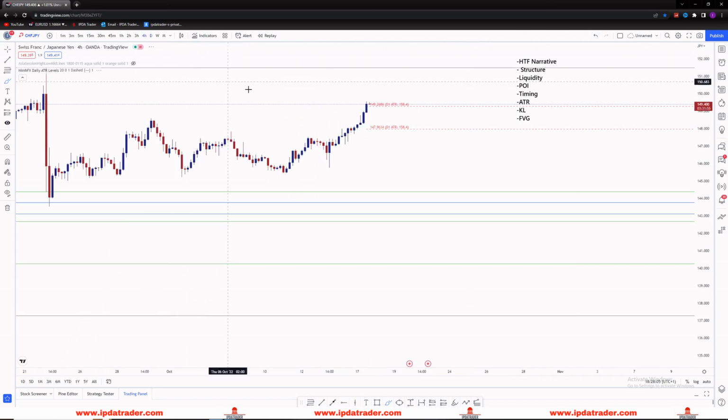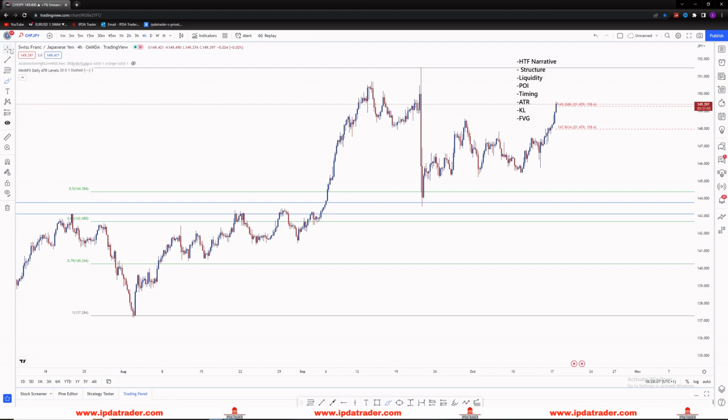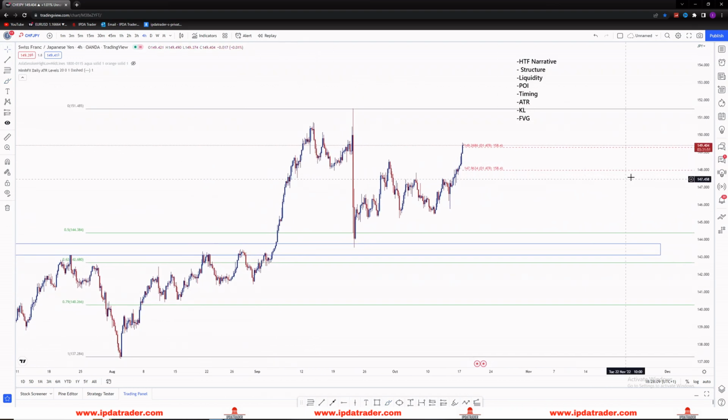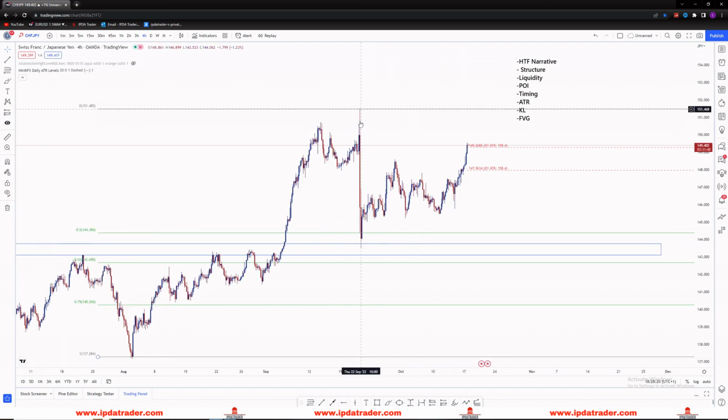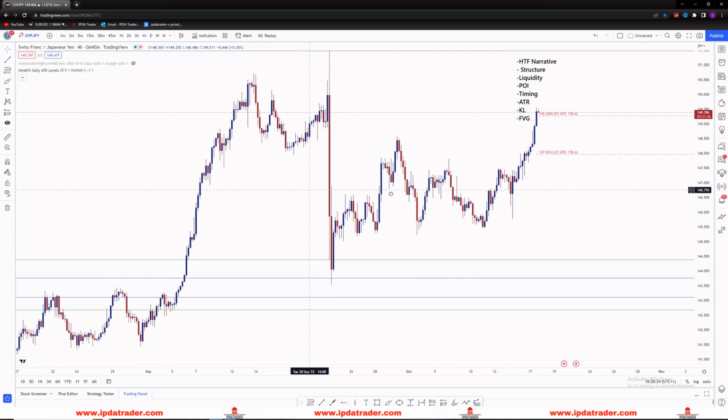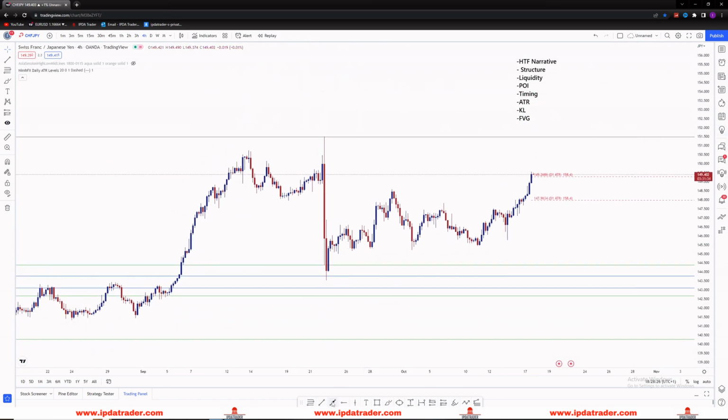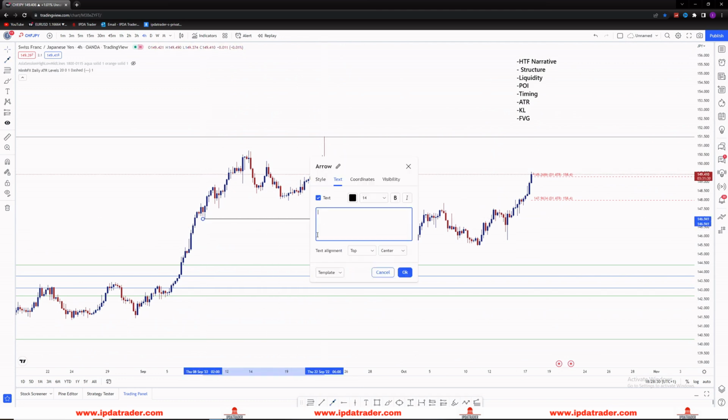Let's move on to the 4-hour, where I do the majority of my analysis, okay? The higher time frame narrative, we've already spoken about this, with the fact that we've tapped the breaker, we've engineered liquidity on the bottom, we're looking to trade into a potential POI. Now, looking at this with a little bit more detail, as far as I can see, we've traded below a very obvious internal structure, right over there.